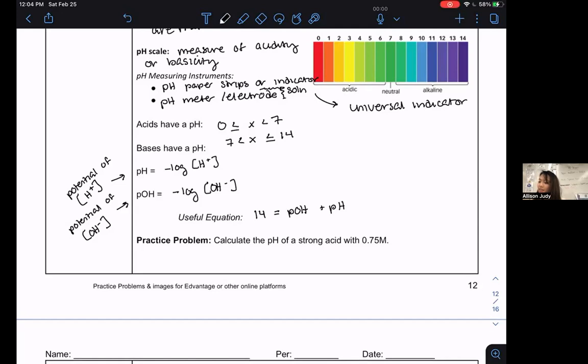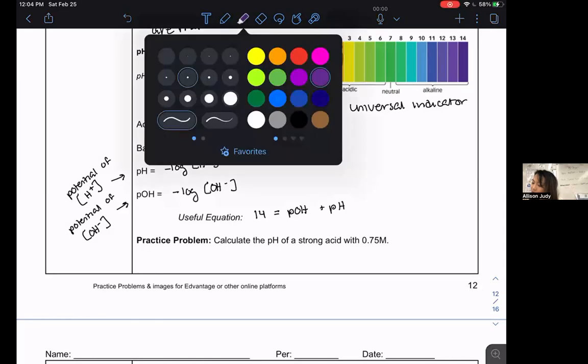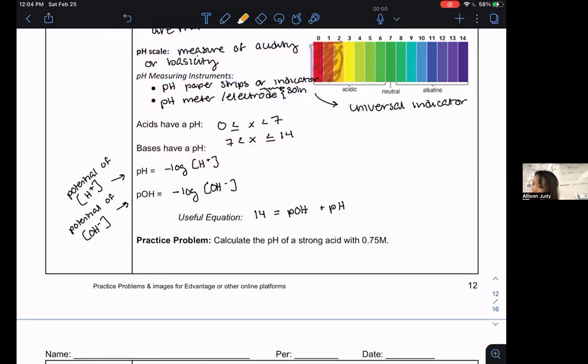So if I measure a 2 on the pH scale, then I would expect that my pOH value would measure the remaining, the opposite, right? That I'd be way less basic, okay?